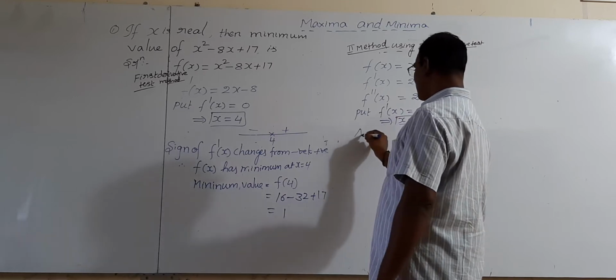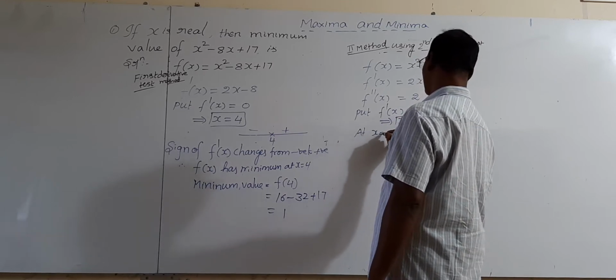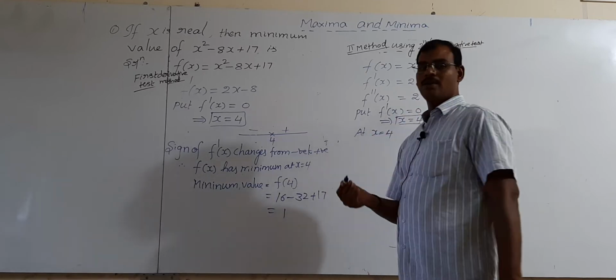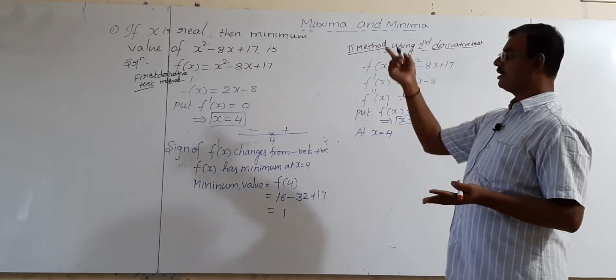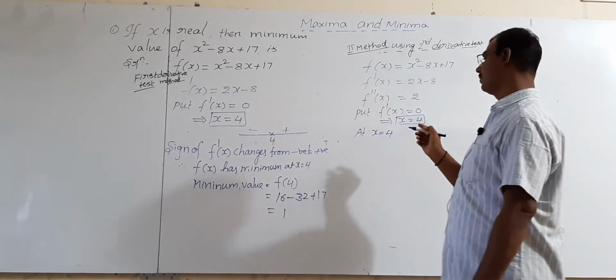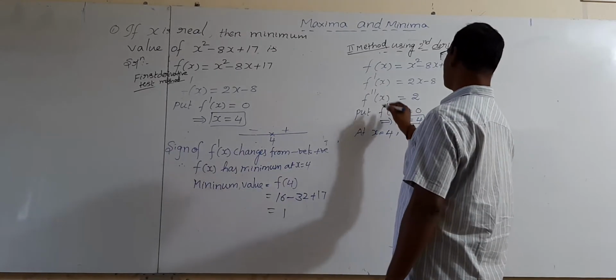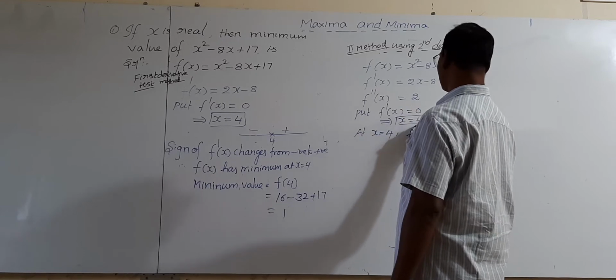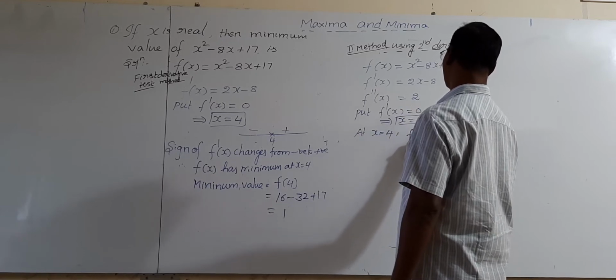Okay. At x is equal to 4, in this case, we do not follow the neighborhoods. But in the first derivative test, we take the neighborhood of a number, the neighborhood of x equal to a. At x is equal to 4, we should check the sign of the second derivative here.